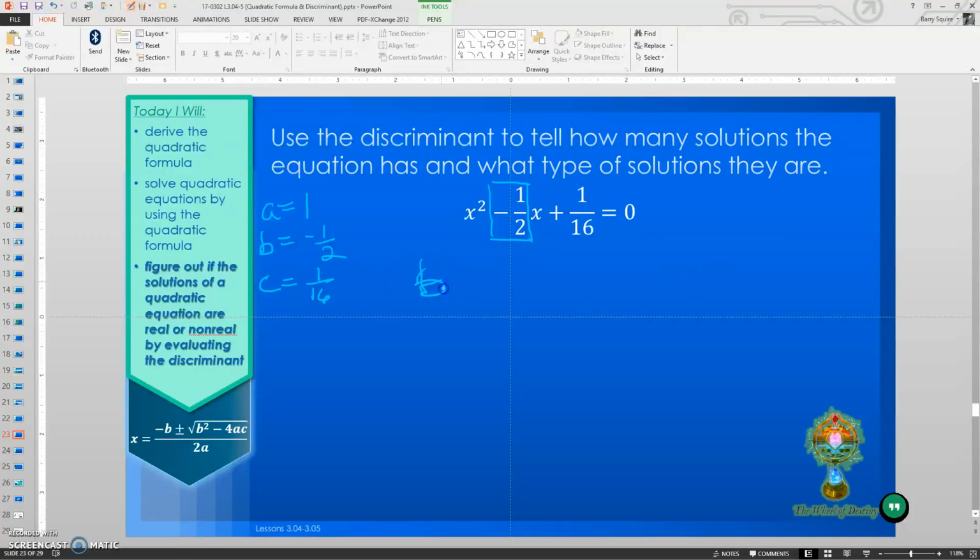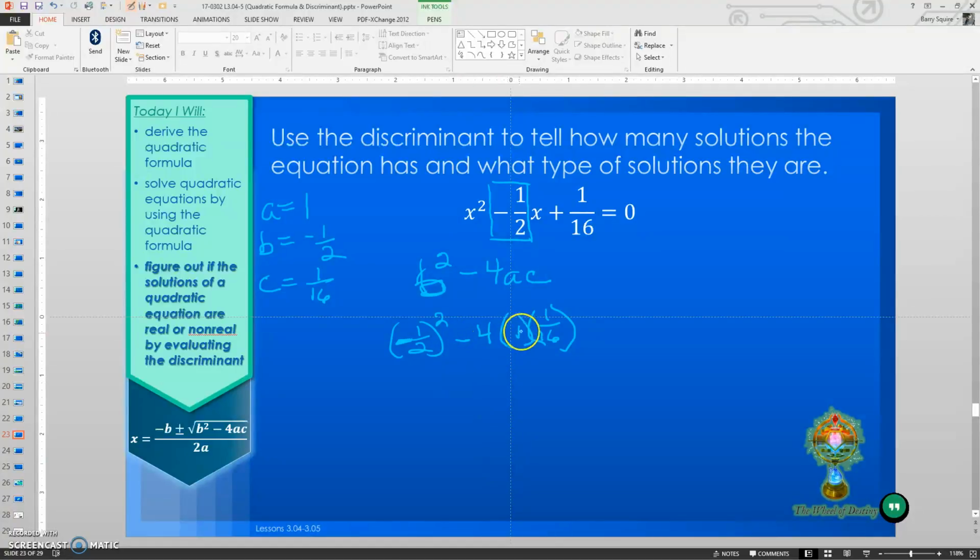So our discriminant is b squared minus 4ac. Well, b is -1/2. -1/2 squared, minus 4 times 1 times, that's convenient, 1/16.